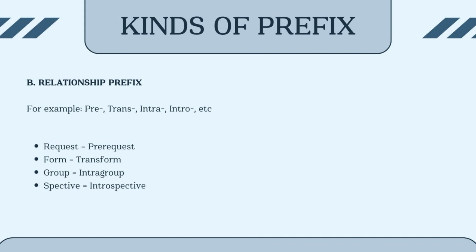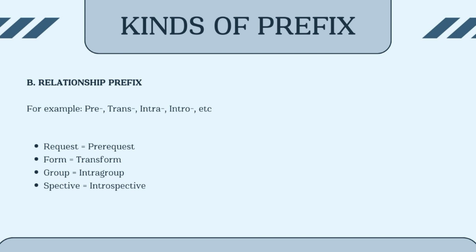And form, if we add the prefix trans, it becomes transform. The base form means bentuk, and it becomes transform, like transformasi, meaning turning into something. And also we have group, intragroup, which means occurring only within that group.